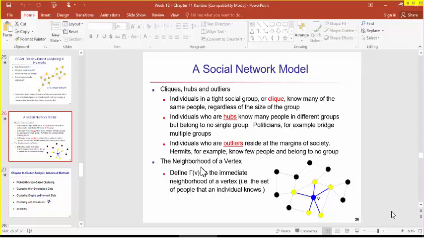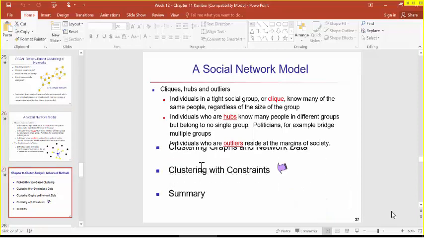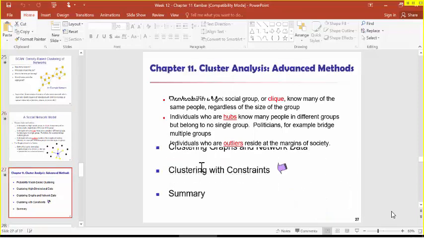Then we have outliers, which are individuals who reside at the margin of society, for example hermits, who know very few people. Now the neighborhood of a vertex is defined as the immediate neighborhood of a vertex.